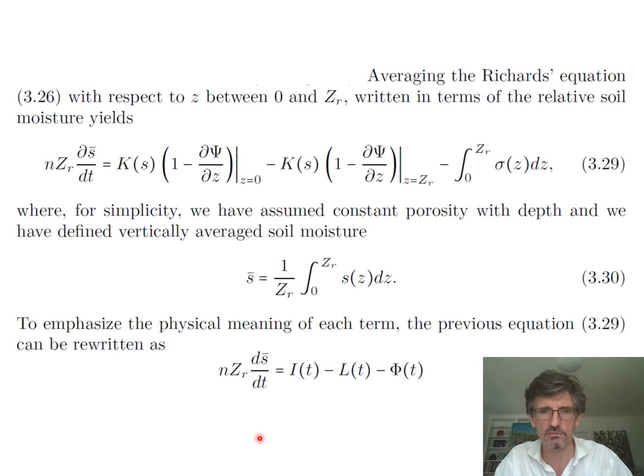There will be no confusion with this S, because we will never use this S unless we really say it. And so we have porosity, rooting depth. This is the rate of change of relative soil moisture in time, inputs due to infiltration by rainfall, therefore rainfall minus canopy interception minus runoff, deep percolation, if it goes down to the deeper layers, and plant uptake.